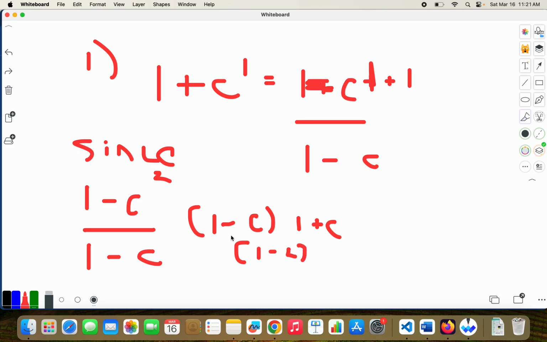So we're basically just factoring it out here. So the base case is proved.